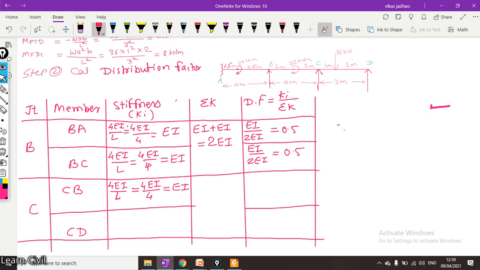But for CD, you can see here that this particular end support D is a hinged support or a simple support.